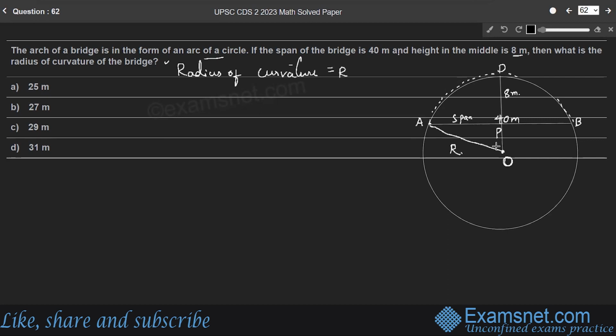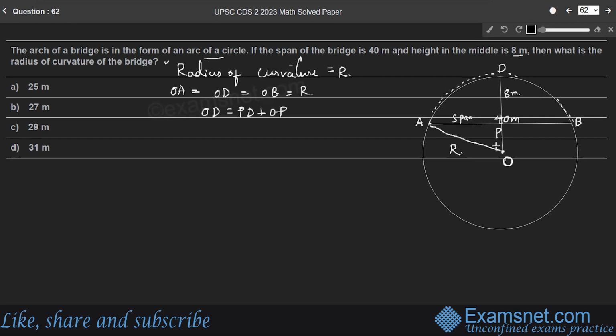Here OA is equal to OD is equal to OB is equal to R, these are all radii. Since PD is 8 meter, I can write OD as PD plus OP, the sum of these two.